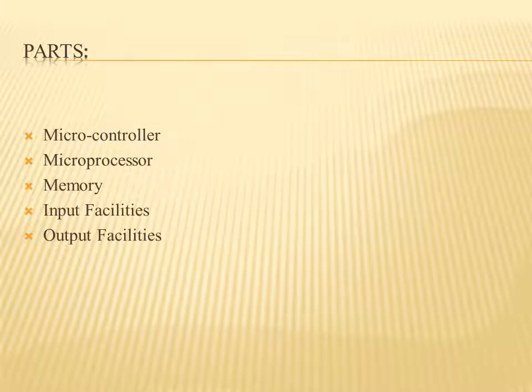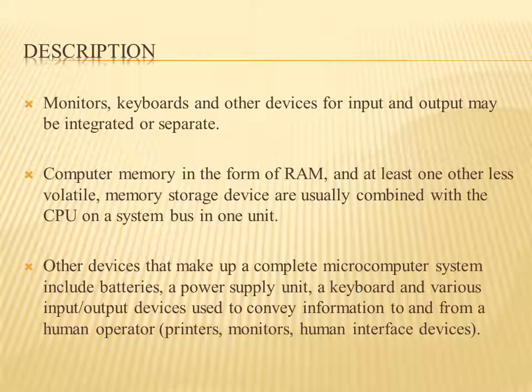Parts. There are some parts of a microcomputer: microprocessor, memory, input facilities and output facilities. Description. Monitors, keyboards and other devices for input and output may be integrated or separate.